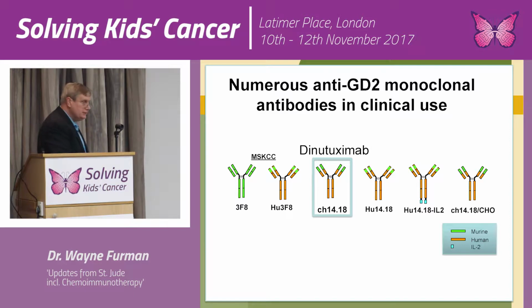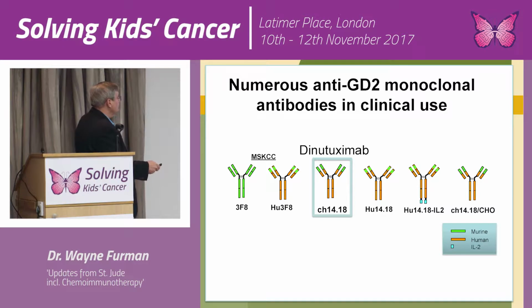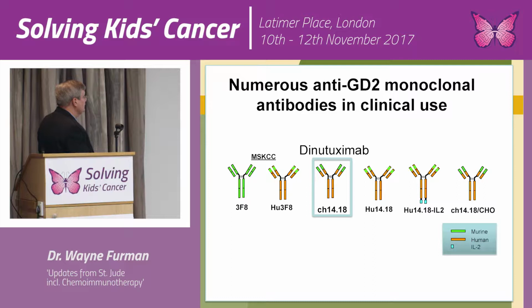Okay, these are several of the anti-GD2 monoclonal antibodies that have been tried in the clinic. We heard about 3F8 and HU3F8. This is dinutuximab. There's a humanized version of that that Dr. Sondel attached IL-2 to in his group, and there's a paper in the Journal of Clinical Oncology showing some interesting positive responses, but with a lot of side effects.